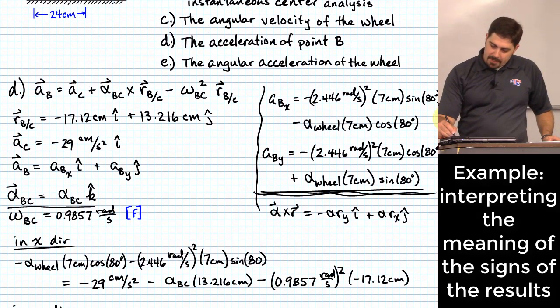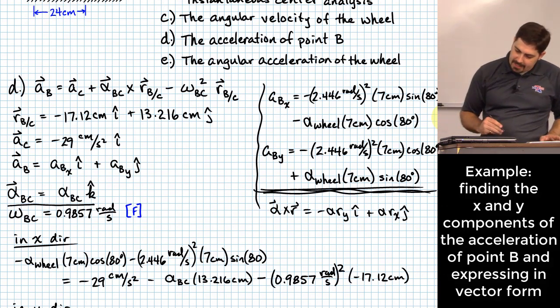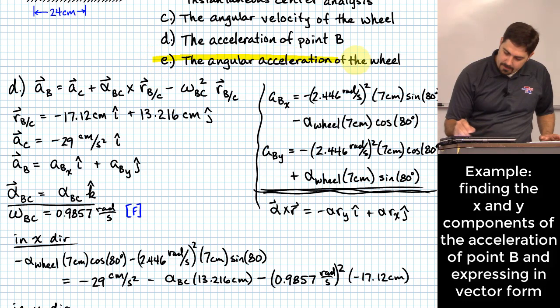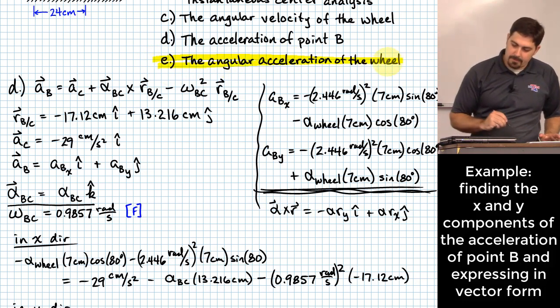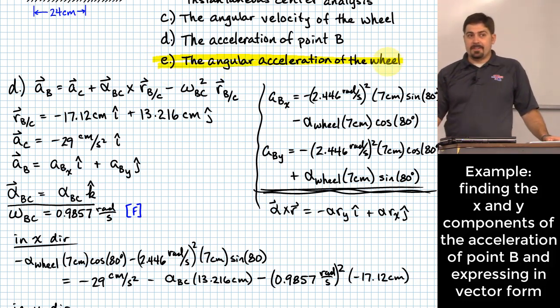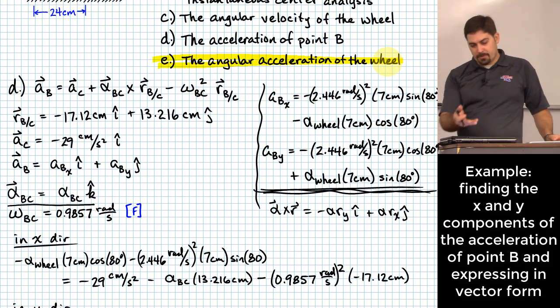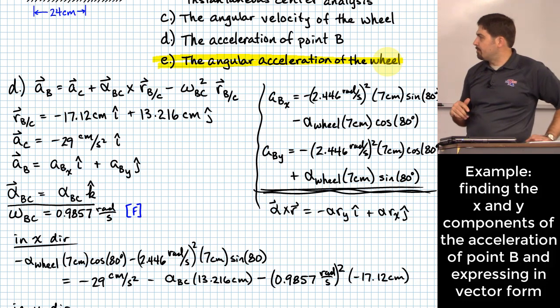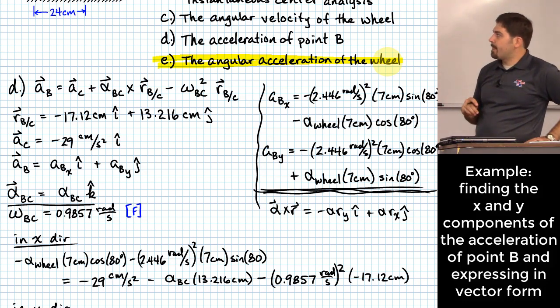But we haven't quite finished yet, because what we did get, actually, without even trying, we just solved E. Right? And we got the angular acceleration of the link, too, which we didn't even ask for, but now we have it. Kind of just sort of lagniappe, right?